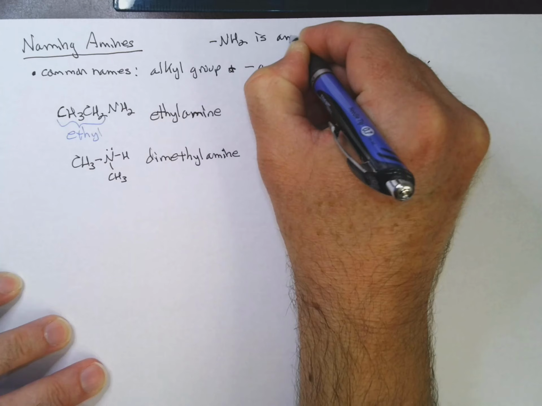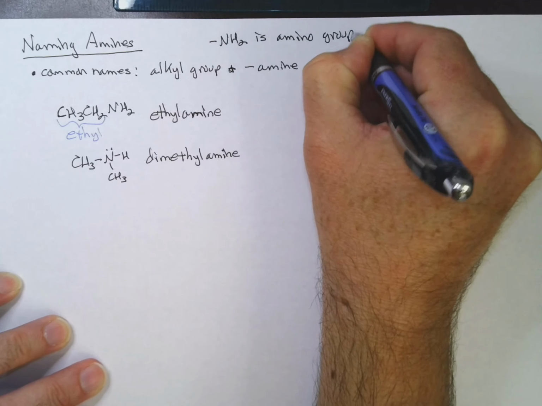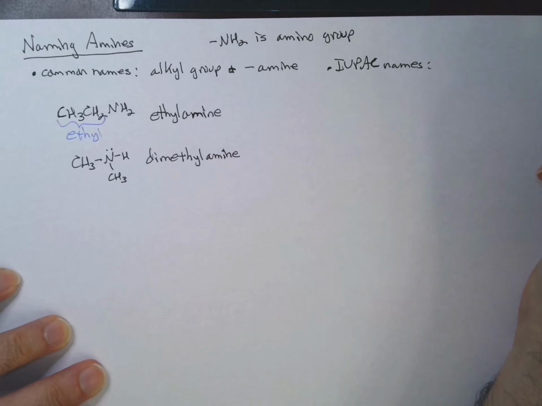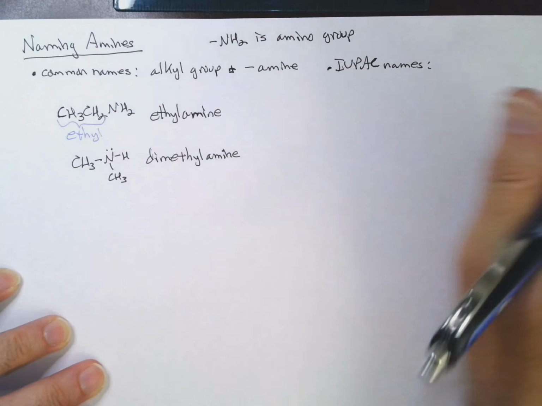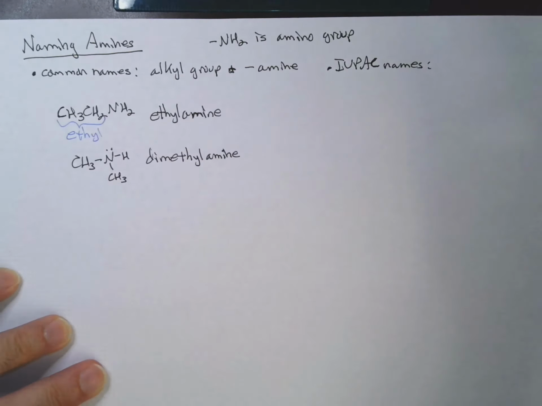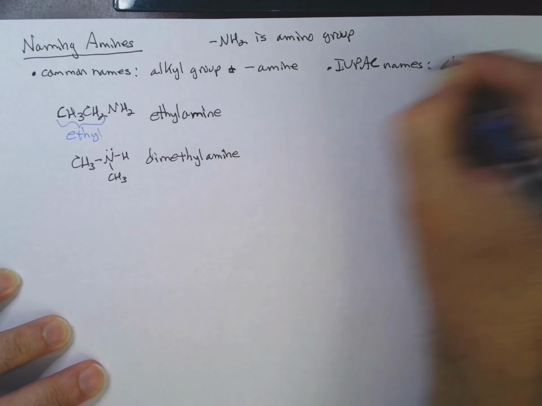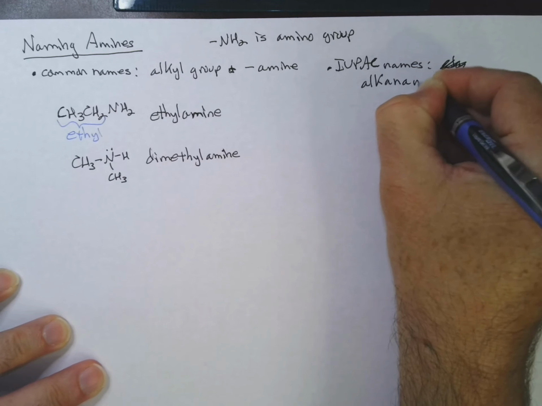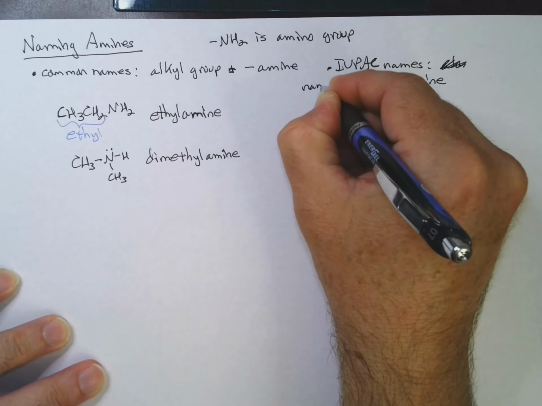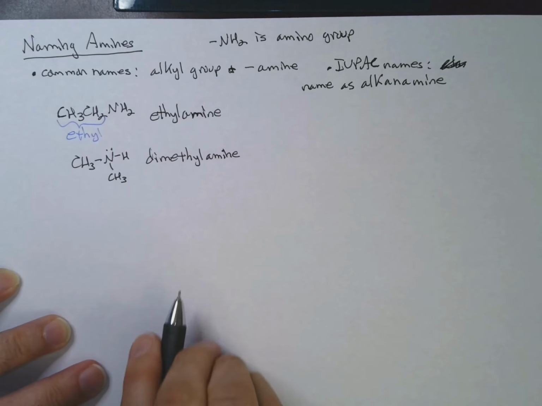Just like for alcohols, the OH group is the hydroxy group, and so here the NH2 group is the amino group. So whatever our amino group is attached to, whatever the longest chain is, we'll use that parent alkane name. And we'll name it as an alkanamine, A-L-K-A-N-A-M-I-N-E.